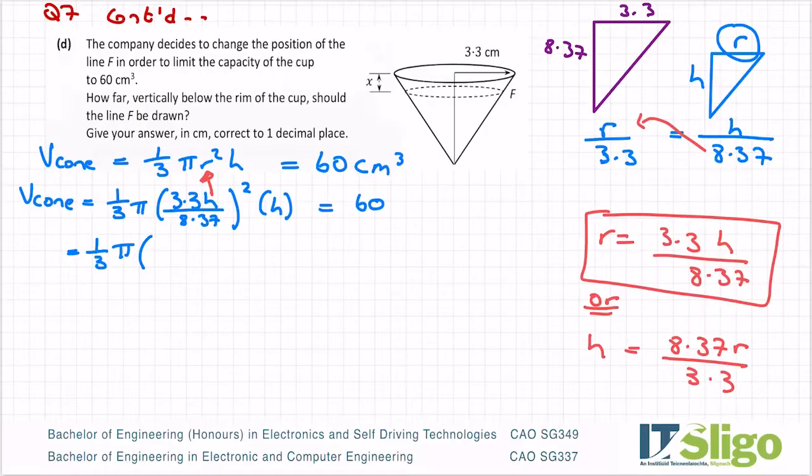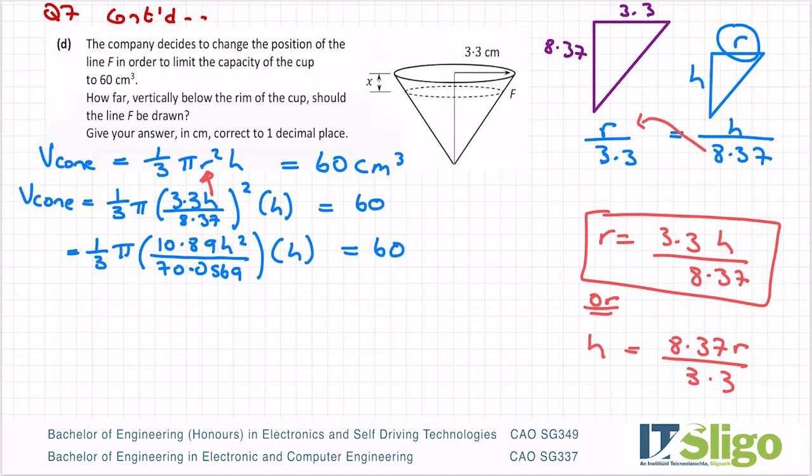So that's what I'm using here. So let's go 3.3 squared. So 3.3 squared is 10.89 h squared, and on the bottom I have 8.37 squared, and that's 70.0569. So no rounding yet, it's too early, times h is equal to 60.